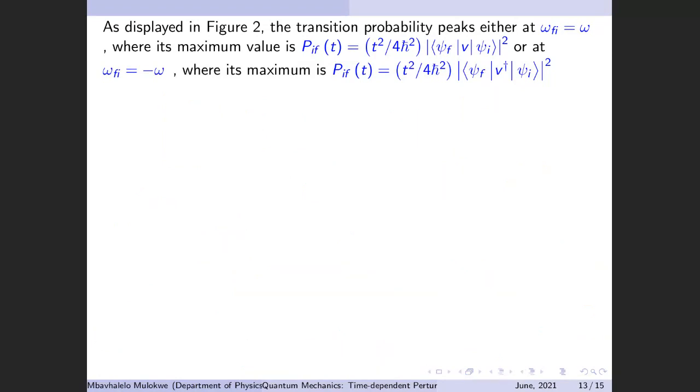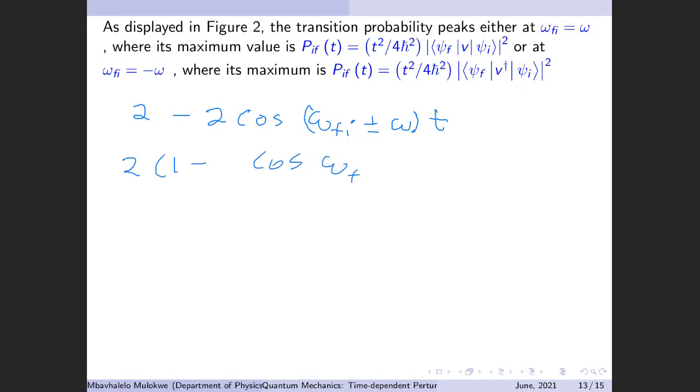So you end up with 2 minus 2 cos of (omega final initial plus or minus omega)t. Repeat what I did previously. And as I said, 1 minus 2 sine squared theta over 2 will give you cos theta.